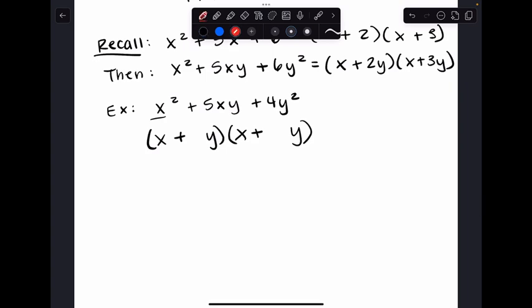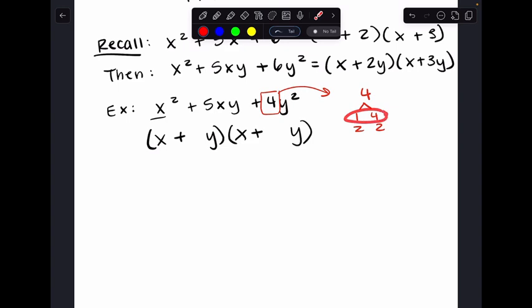You're still going to find the factors of 4. So we have 1 and 4, 2 and 2. Because we have to add them together, you have to look at which one is going to add to give you a 5. Well, I know 1 and 4 would work, so that's what I'm going to use. So here we're going to put a 1 and a 4.